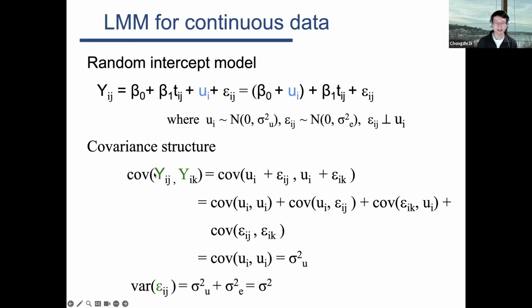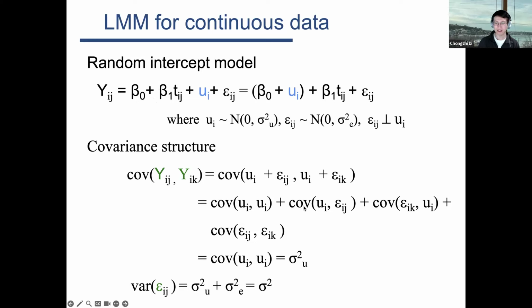So this is equivalent to the covariance of Ui plus epsilon ij and Ui plus epsilon ik. You expand this into 4 different terms, and notice that the first term is the covariance of Ui and itself. That's really the variance, so it's not 0.